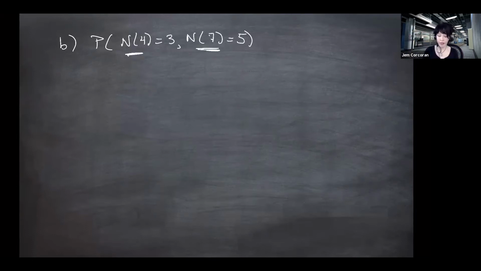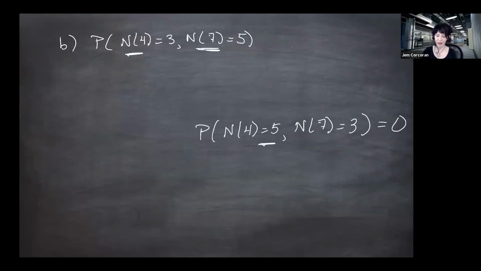So for example, if this were the other way around, the probability that N of 4 is 5 and N of 7 is 3, that probability would be 0 because this is saying you have 5 jumps by time 4, but you only have 3 jumps by time 7. You know, that can't happen. So they're pretty dependent.